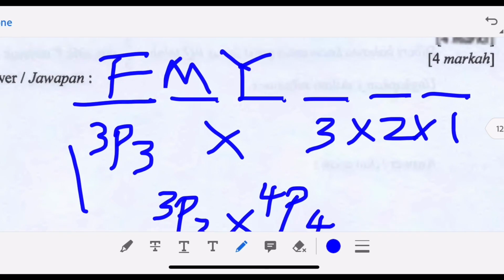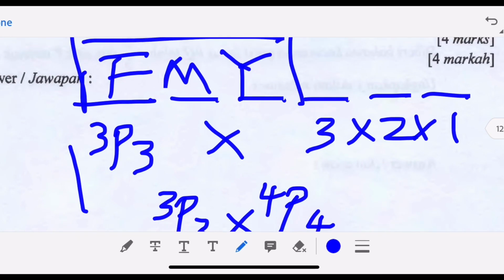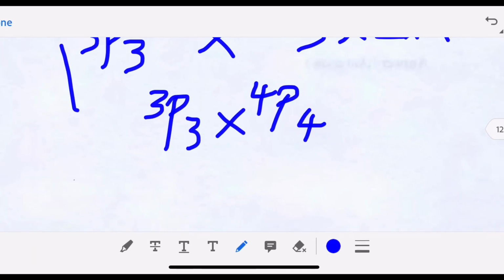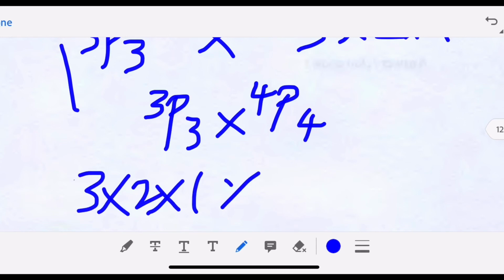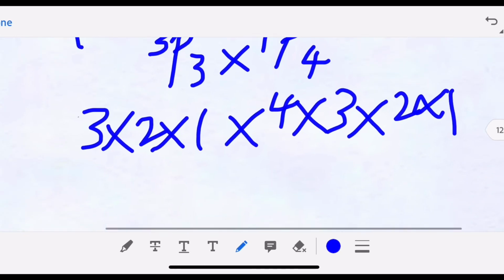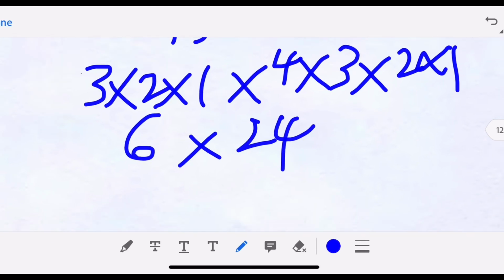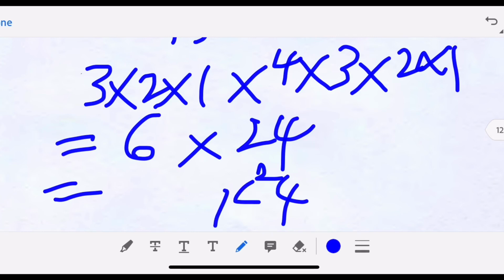Alright, so you press your calculator to get the answer. This is a bit challenging, and you need to really understand what the question is asking, then only you can get the answer. My answer is 144. Okay, there are 144 ways.